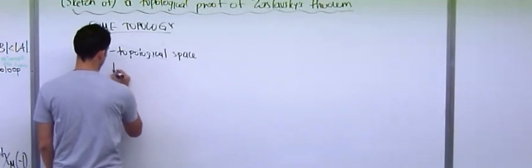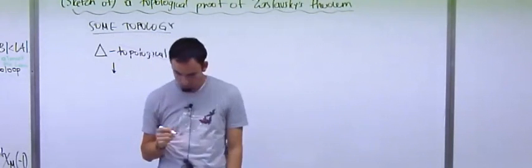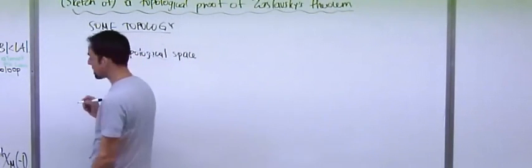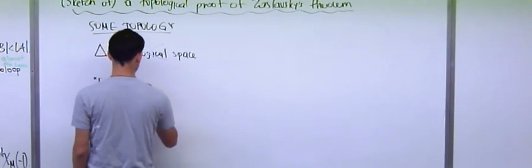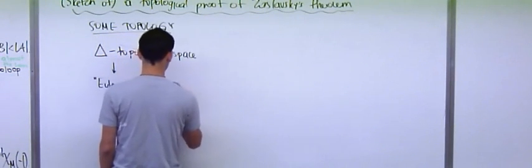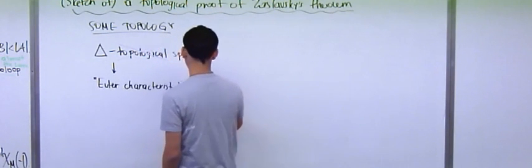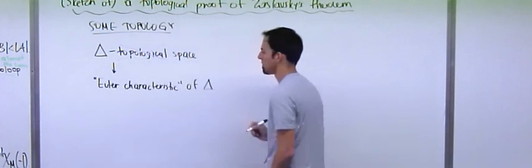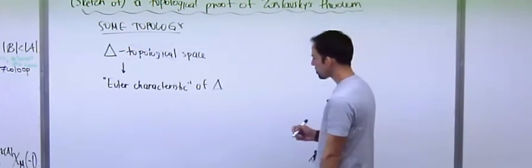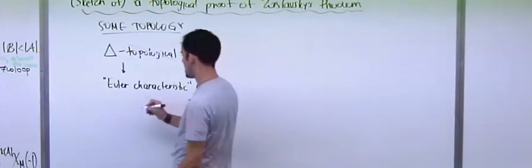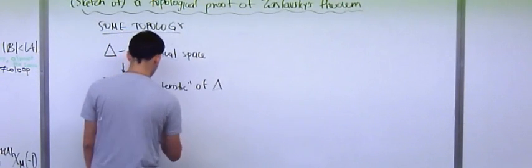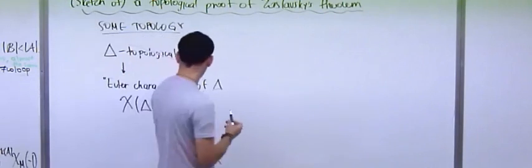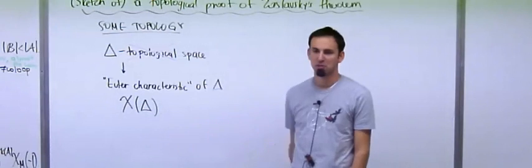To this space, you can assign a number. And this is called the Euler characteristic. The Euler characteristic of this, you write chi of delta, and this notation is very unfortunate for us because characteristic polynomials are also called chi.